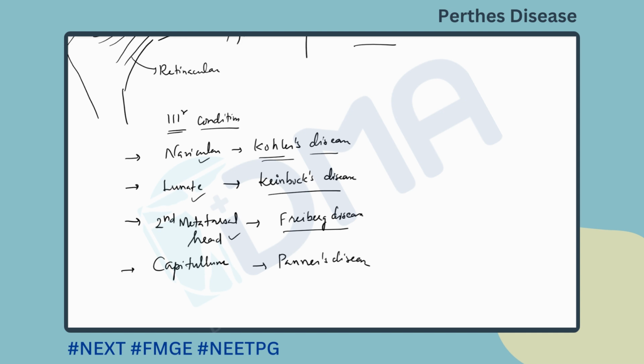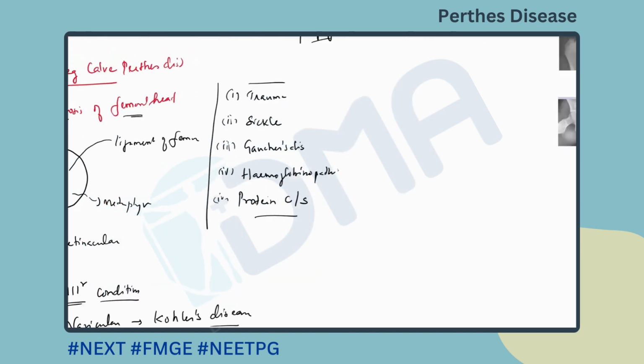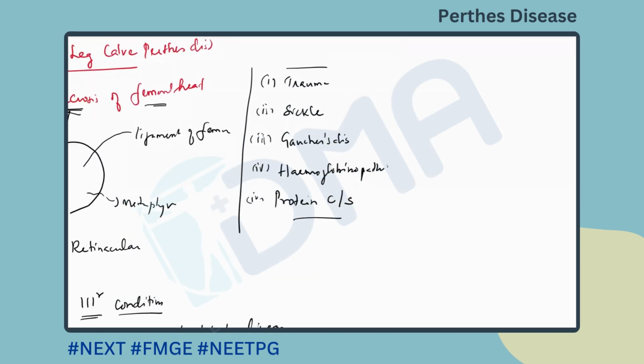Now, whenever blood supply is lost to the femoral head, what are the signs the patient will present with? The patient will present with pain and difficulty in bearing weight.